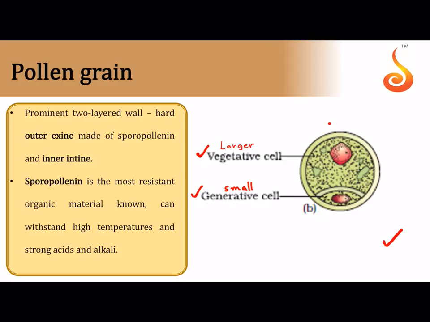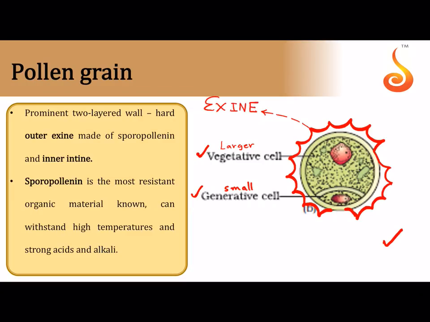Now, on the outside of the pollen grain, a very thick and resistant wall will develop, like what I'm showing you here. I'm showing this wall in a specific pattern like this because it is a wall which has a lot of patterns and designs on it. It is very wonderfully ornamented. It is not just a smooth surface, and this region in the pollen grain, the outermost wall, is referred to as the exine.